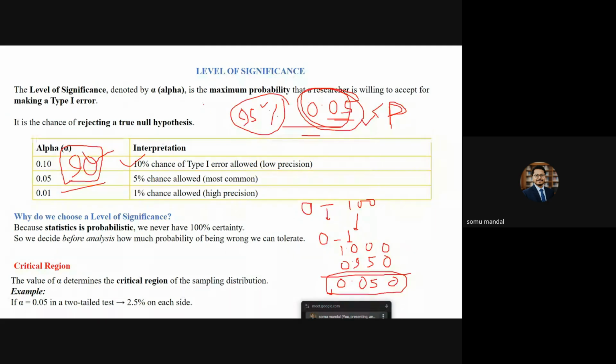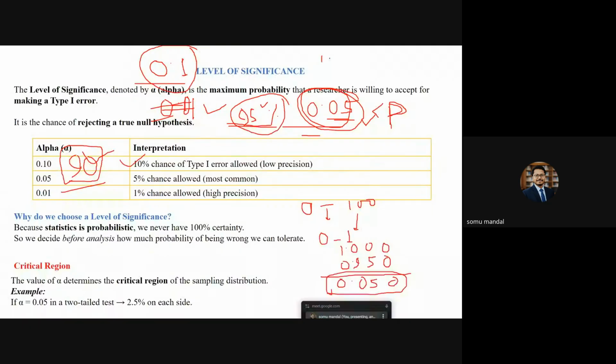So as a rule of thumb, 95% is the standard level of significance. Most software packages consider the 95% significance level. But if you find the value is near 0.1, then you can consider the result at 0.1.